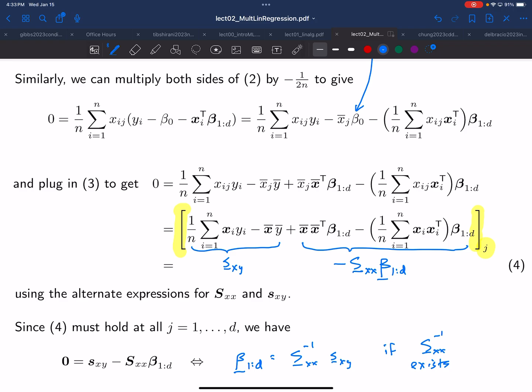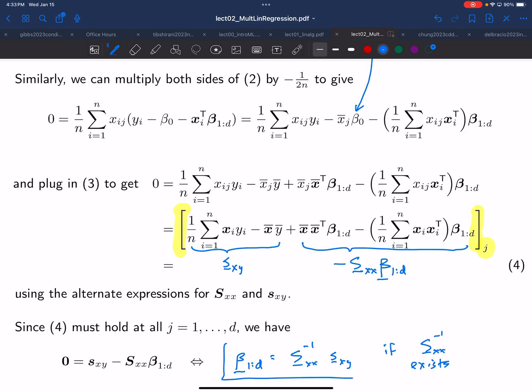In that case, we're going to have to use some other tricks that we'll learn in a later unit, and you'll actually see an example of this in a later lab where there are way more features than examples. But most machine learning problems have way more examples than features. So that's the usual case.